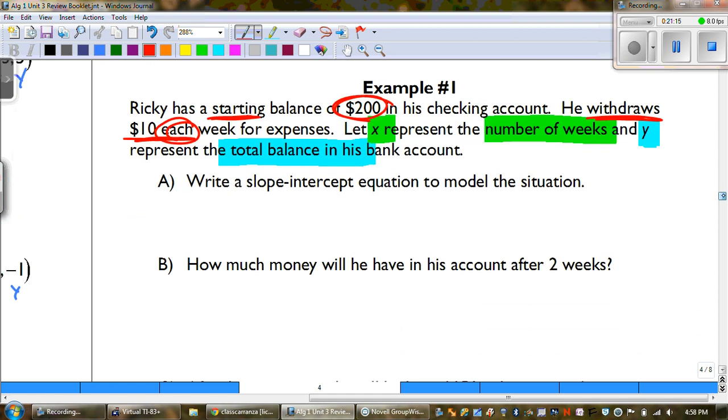Okay. So when we write a slope-intercept equation, y equals, I know that my slope is 10x, and we have a starting, well, hold on. He withdraws 10, so is he gaining 10 or losing 10? He's losing 10 each week, but then he has a starting balance of 200. So y equals negative 10x plus 200.